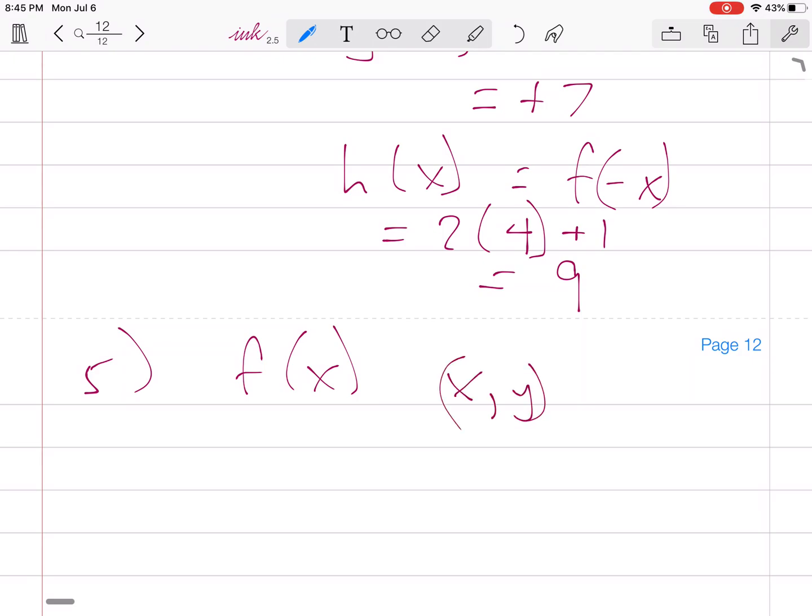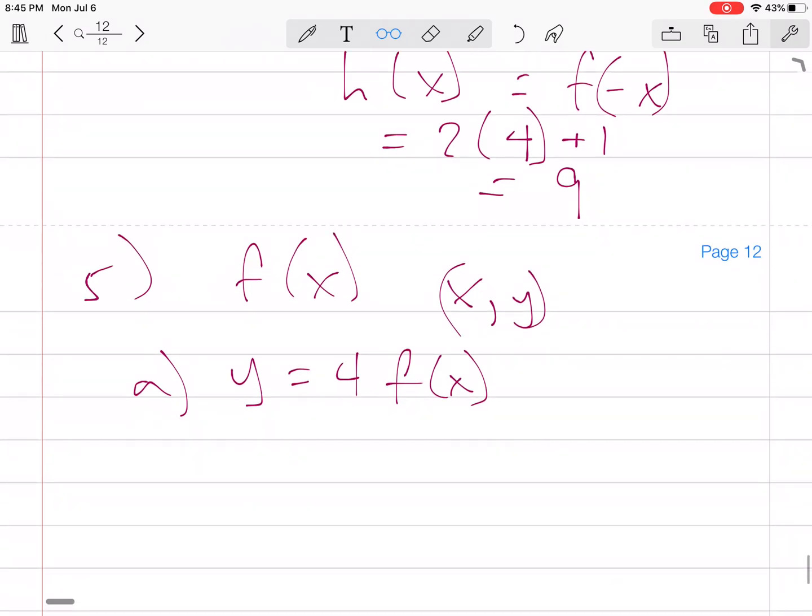Okay, so what we want to show is how are those coordinates x, y going to be changed if, for example, a, you've got y equals 4 times f(x). Okay, so what's going to go on here is you're going to multiply the y value by 4.